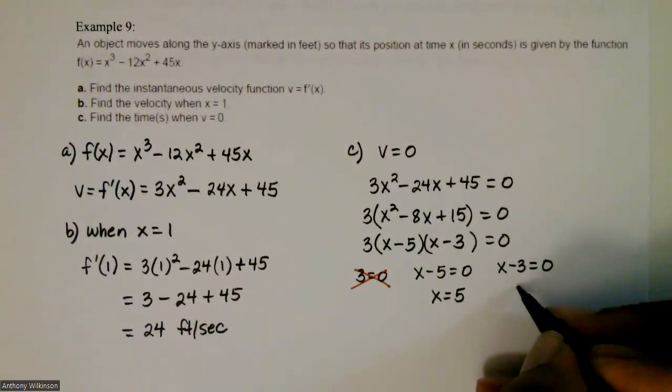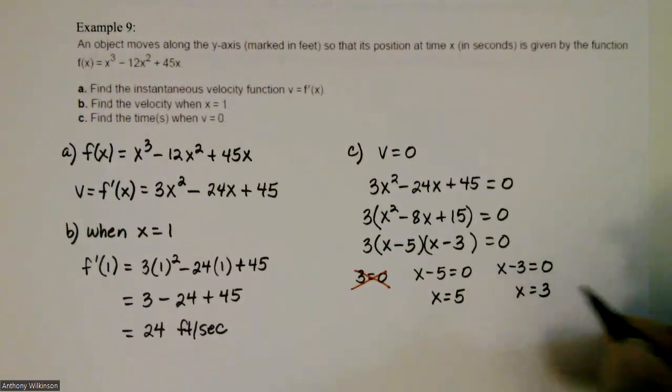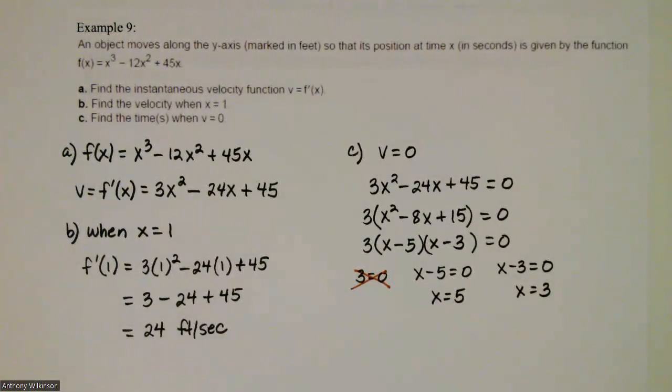And for x minus 3 equals 0, if you add 3, you get x equals 3. So when your velocity is 0, the times are 5 seconds and 3 seconds.